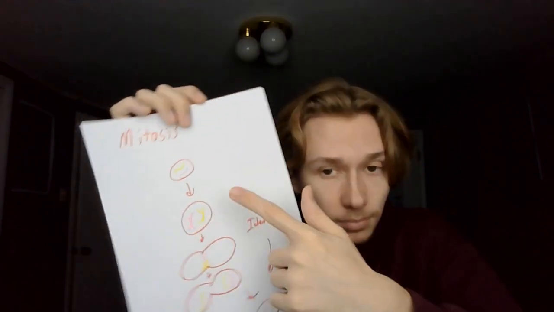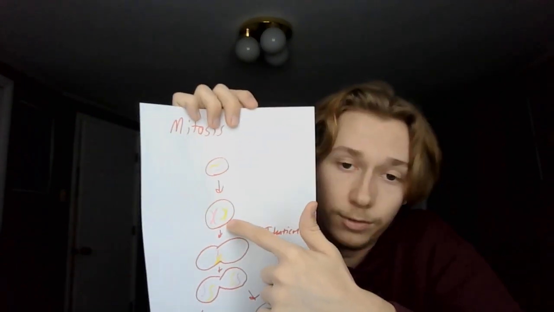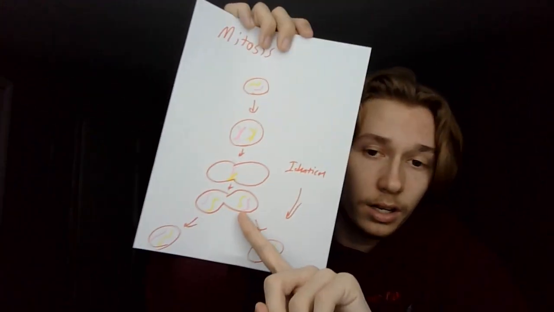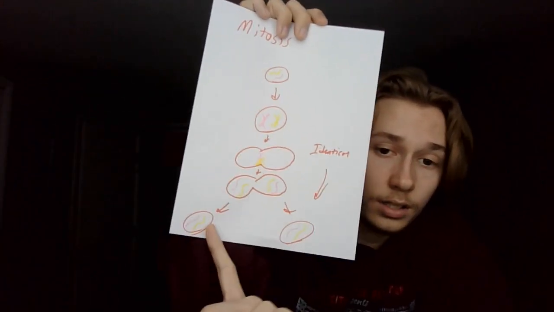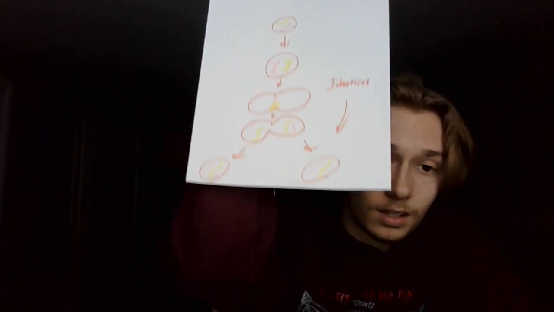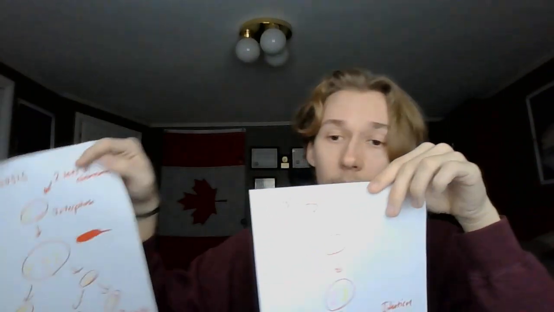And so, it houses halves of chromosomes, forms it into 2 chromosomes. Then they split apart and create 2 identical nuclei, as opposed to meiosis, where we form entirely different nuclei.